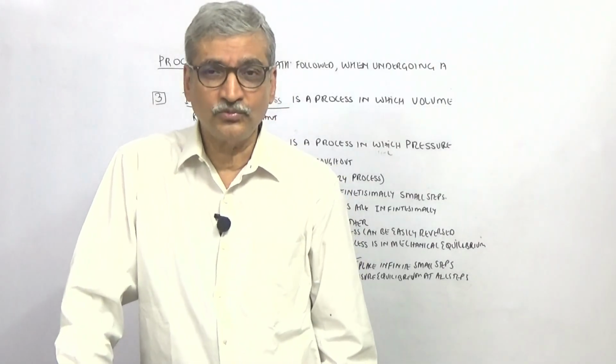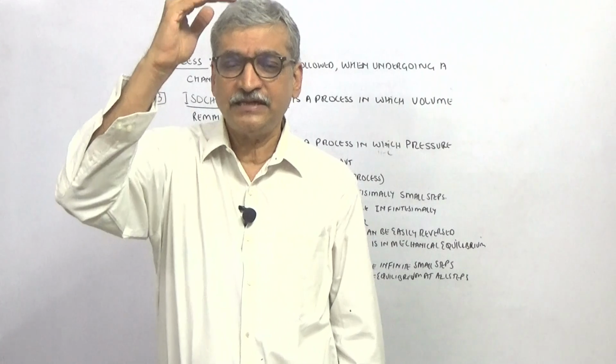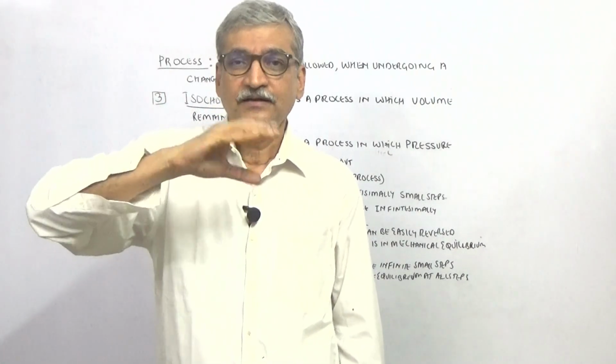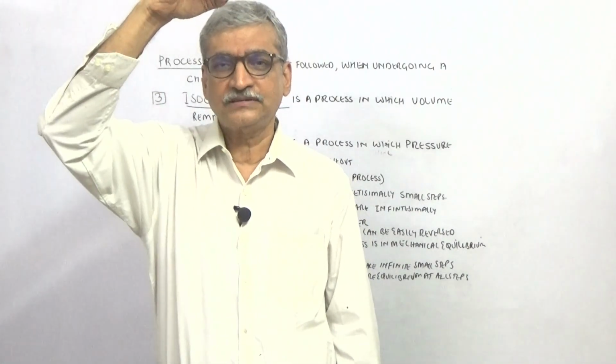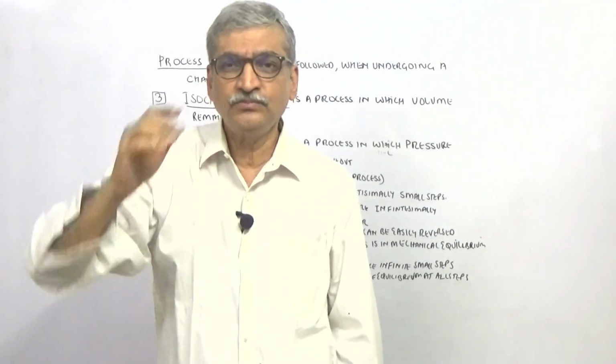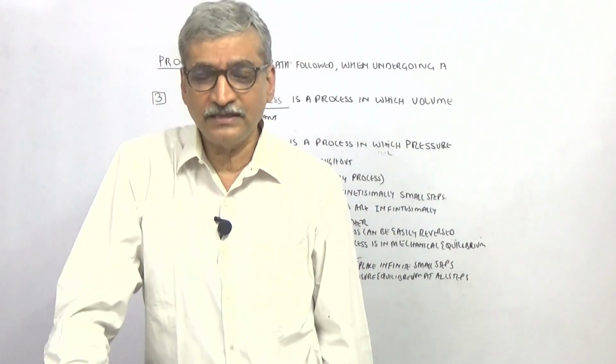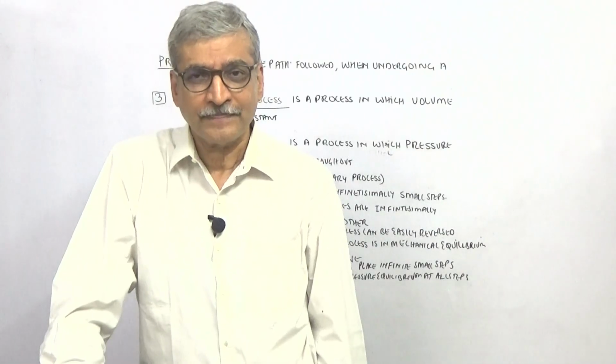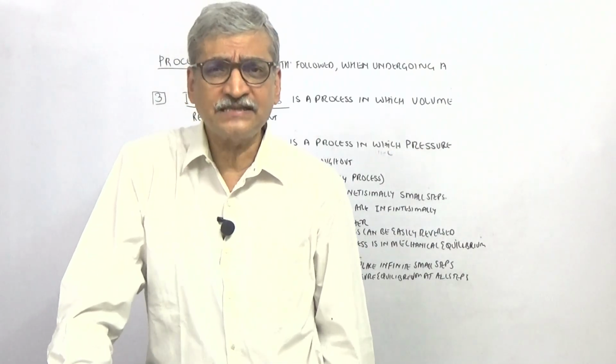Now that we can't do. It will move straight, irreversibly, from say 0 ml to something like 200 ml. It's going to just move. Is this clear? So that is an irreversible process. It takes place in large steps.